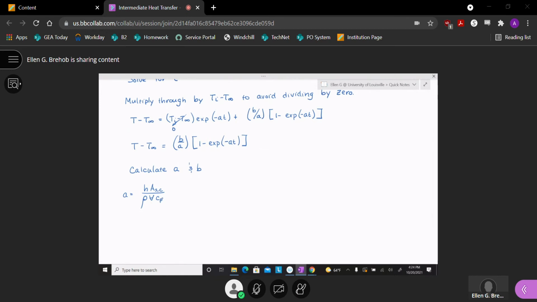You know, this looks a whole lot like the reciprocal of the time constant that we saw the other day. And I went ahead and substituted numbers in at this stage.